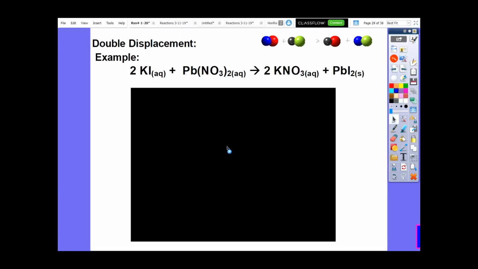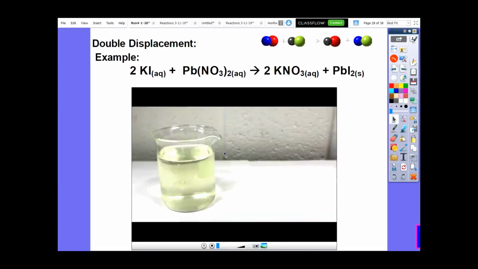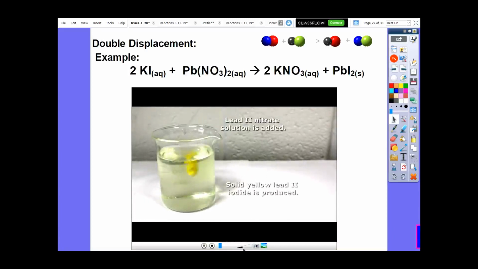And now I'm going to play it. Something to point out is that both of these solutions start out as clear solutions. And when I end, potassium nitrate is also going to be a clear solution.